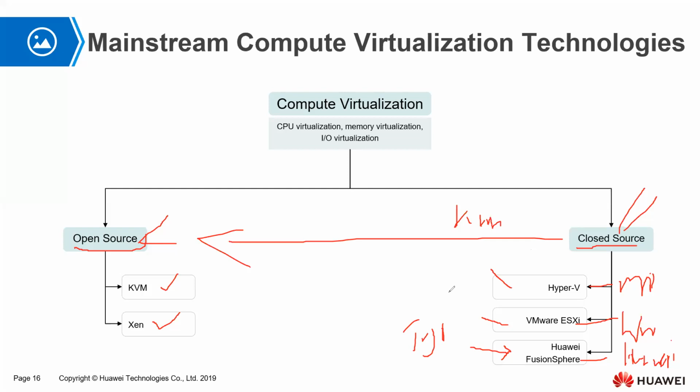But the solution you get out of the box is type 1. So basically, those are the mainstream technologies for virtualization.